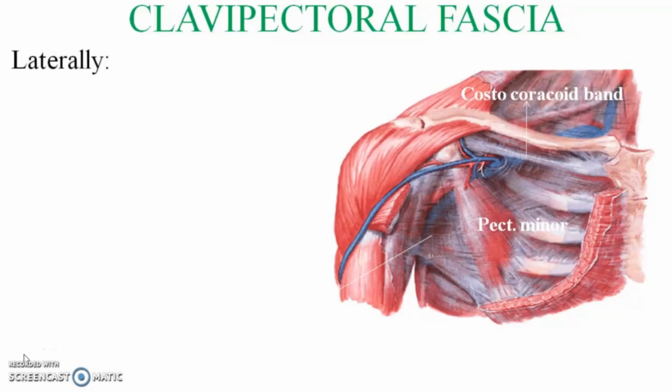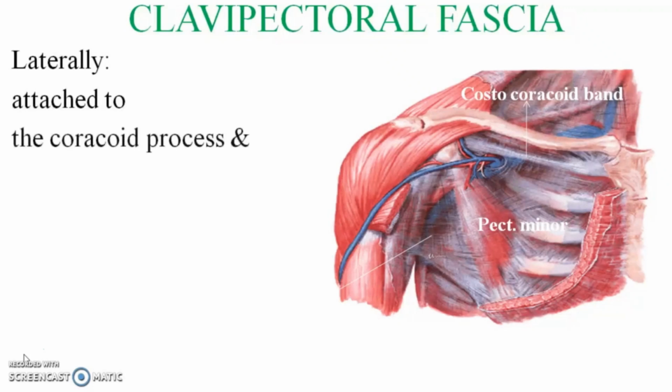This clavipectoral fascia laterally is going to get attached to the coracoid process. You know, the process which is like a crow's beak seen in the scapula we will call as coracoid process. To the coracoid process it is going to get attached, and then it is going to get attached with the coracoclavicular ligament also.